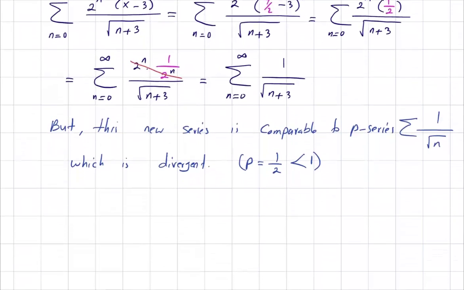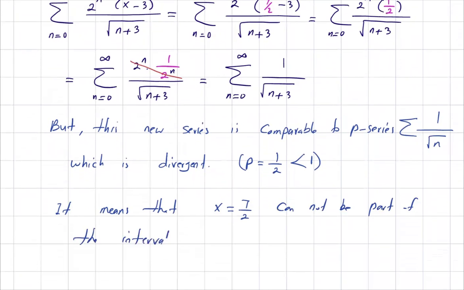It means that x equals 7/2 cannot be part of the interval of convergence.